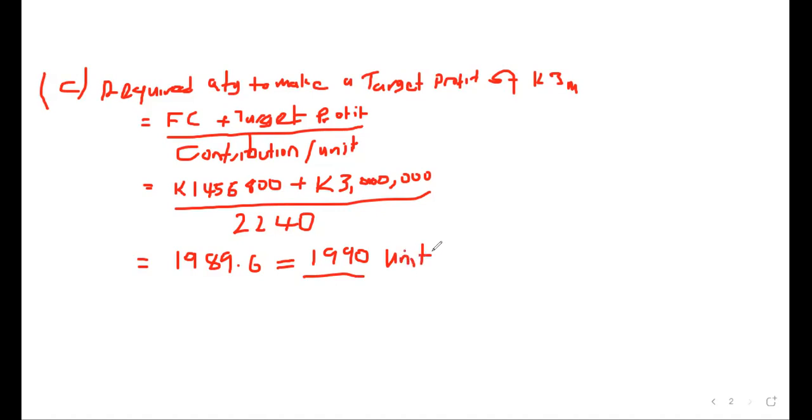So for us to make a target profit of 3 million kwacha, we are supposed to sell 1,990 units. Below that, we will not be able to meet that target. So if we are to meet the target profit given as 3 million, those are the units that we need to sell.